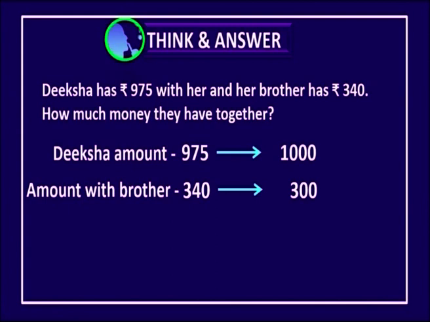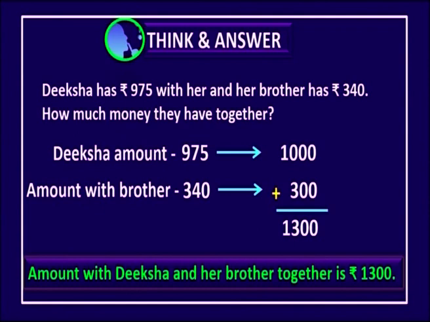That means we need to add 1000 and 300. So what do you get, children? 1000 plus 300? Yes, we get 1300. That means I can say that the amount with Diksha and her brother together is 1300 rupees. So children, this is the right way of doing the estimation. I hope you have understood this estimation part.